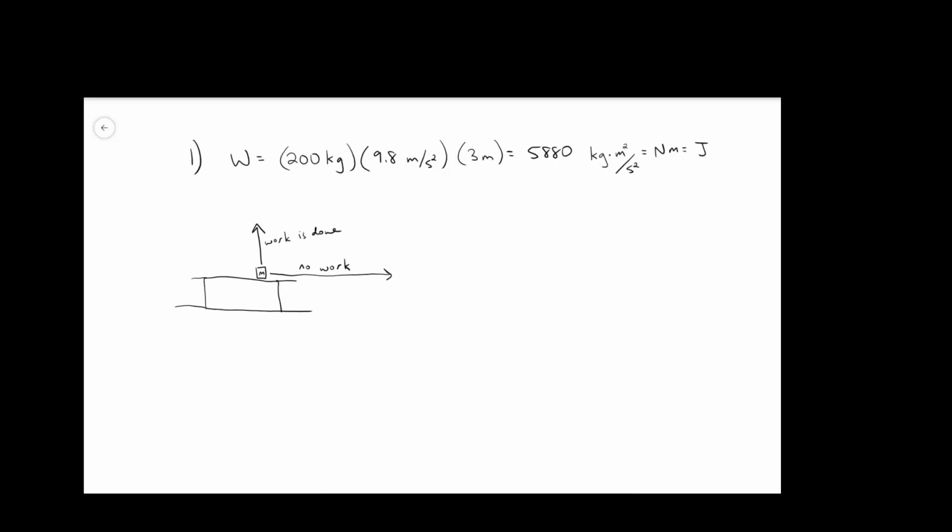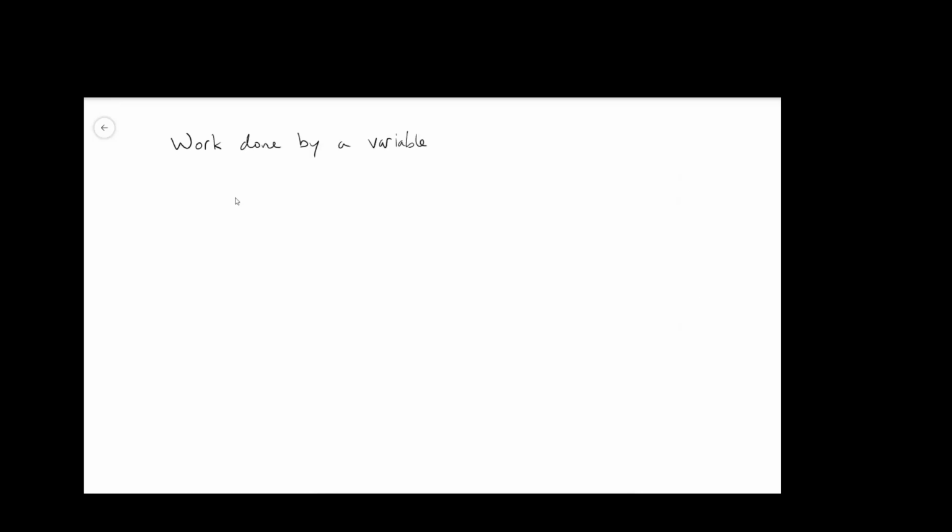Okay, so let's see. Why then do we need calculus, or in what circumstances do we need calculus to find work done? So this is work done by a variable force. That one that we were just doing is work done by a constant force. Variable force.